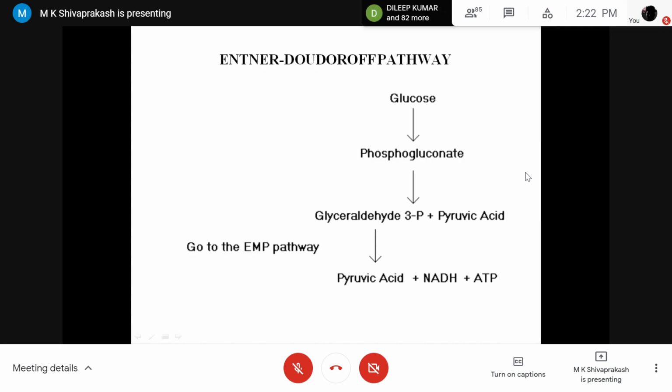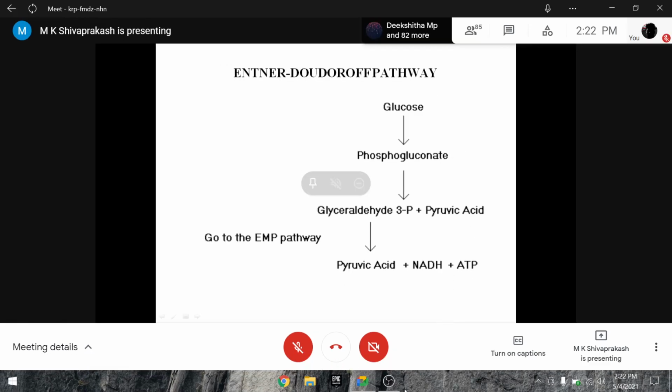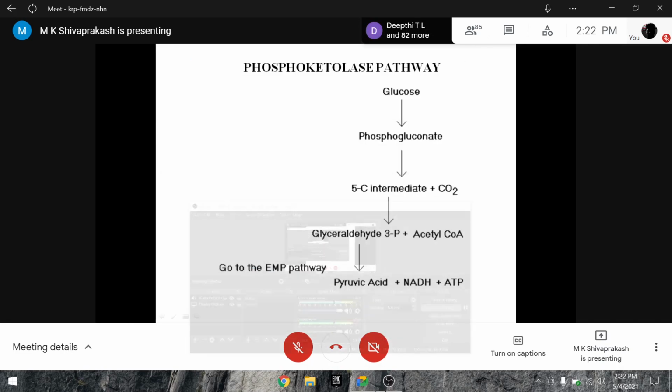It is found on page number 31. And in this pathway, both NADH and NADPH are produced along with the ATP.